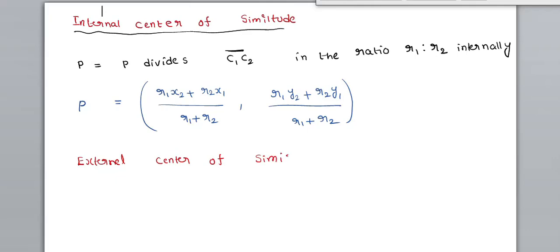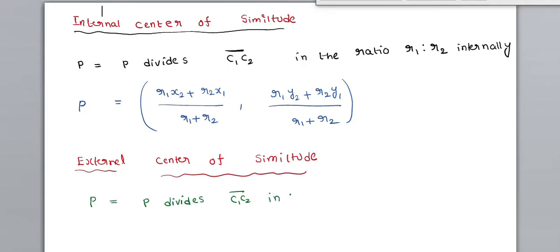similitude. So P divides the line segment C1C2 in the ratio R1 is to R2 externally.